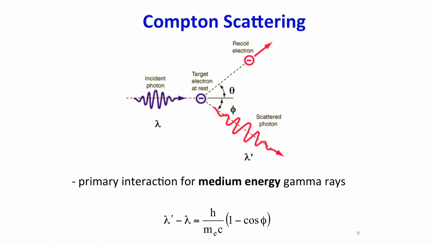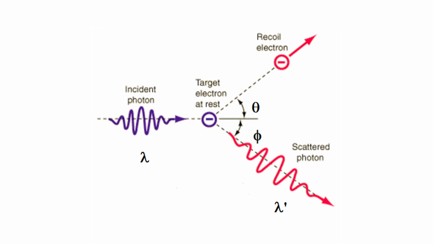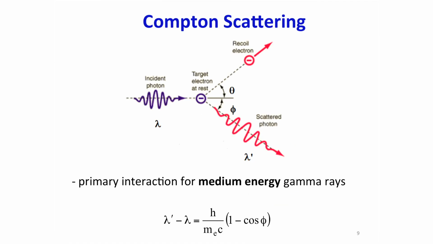Some is transferred to the electron, so we have a recoil electron, but the original gamma ray remains and it becomes what we call a scattered gamma ray. So we have a scattered photon here. Gamma rays can be scattered through a range of angles from 0 to 100 degrees, and this effect was first discovered by Compton, and it is termed Compton scattering.